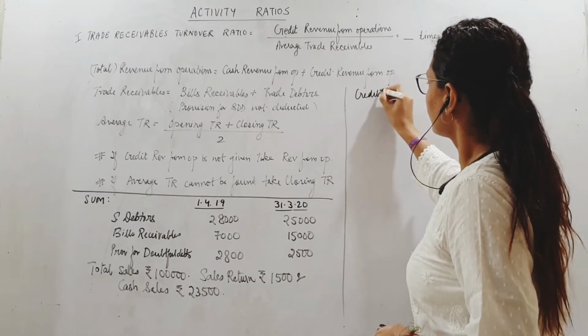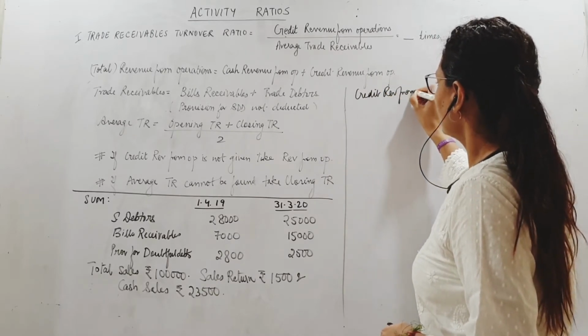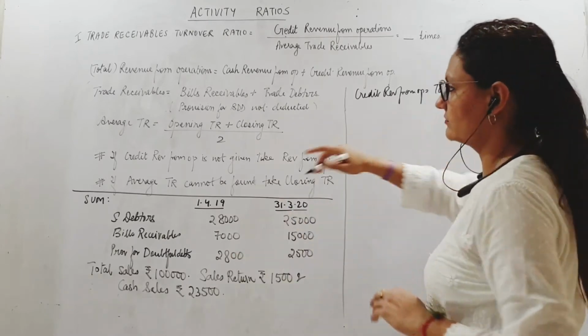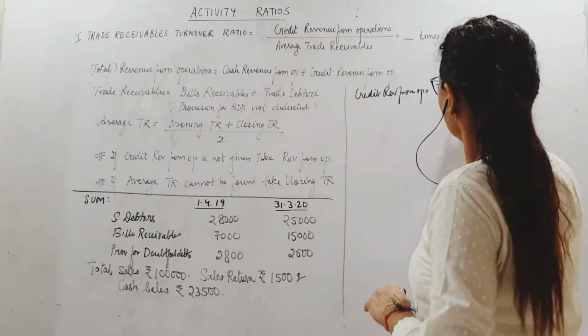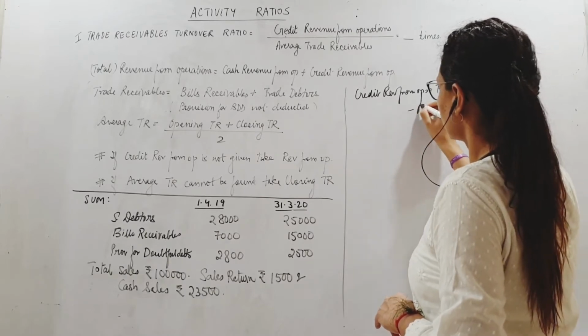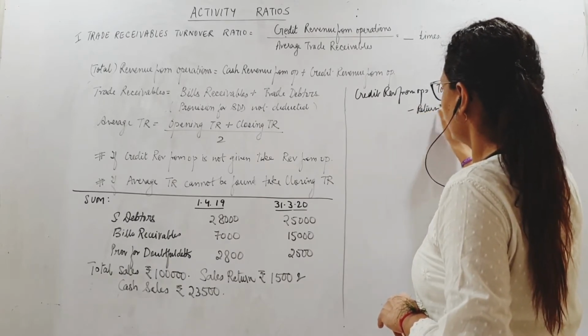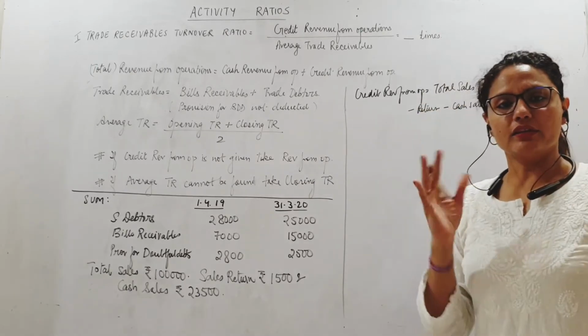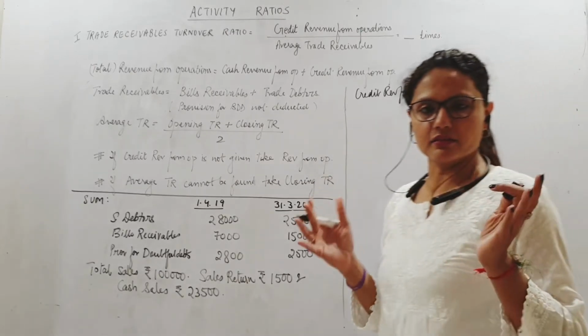So credit revenue from operations would be, from here I am saying, this formula is there. Total sales here that is given minus the sales return minus the cash sales, right? Total sales में से net, obviously this is the gross sales given to you.